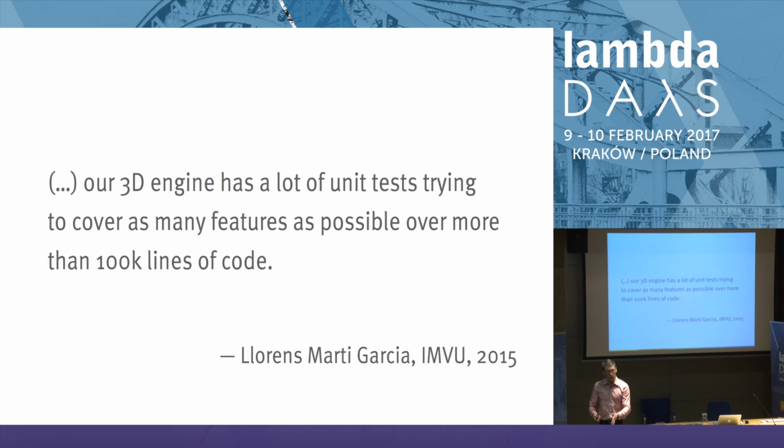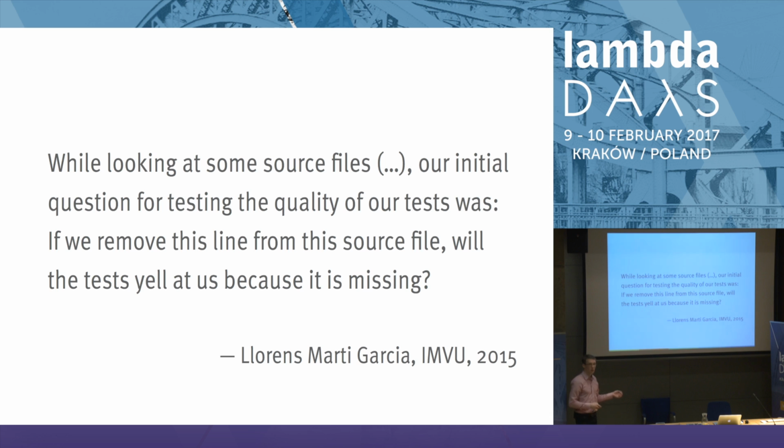They were looking for solutions. They looked at code coverage as a simple approach to the problem. It didn't work for them. So they decided to just randomly remove lines from their C++ code base and see whether the test suite breaks or not. Exactly what mutation testing is about. And they introduced it as part of their continuous delivery pipeline.